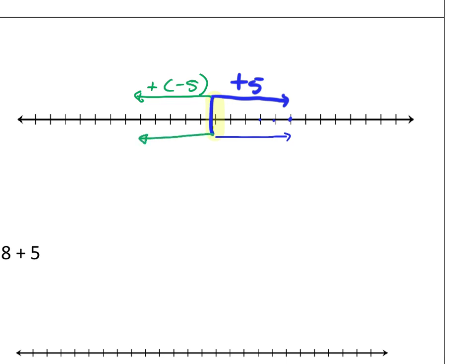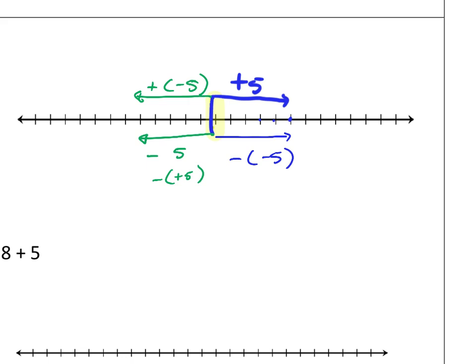So if we subtract a positive 5, we go this way, right? So when we subtract a negative 5, which way do we go? Because if we're subtracting positive 5, we go to the left, then when we subtract negative 5, we must go to the right. Okay, you want to remember this.